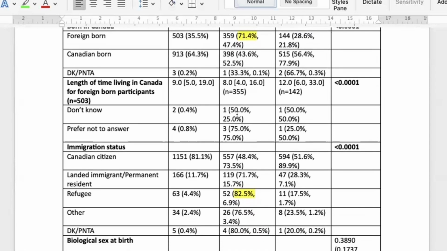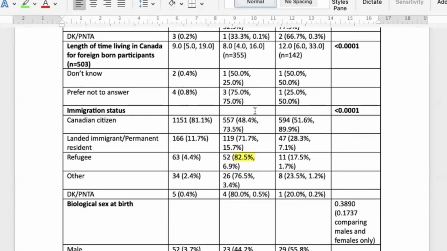And then immigration status, 82.5% of women who were refugees had high disclosure worries. This is just an example, so don't take this anyway, but immigration status is not an ordinal variable.